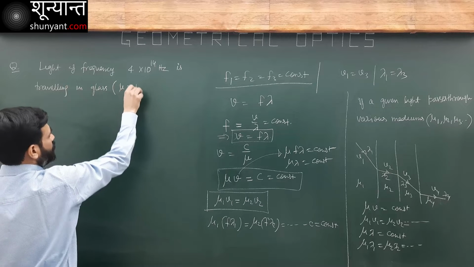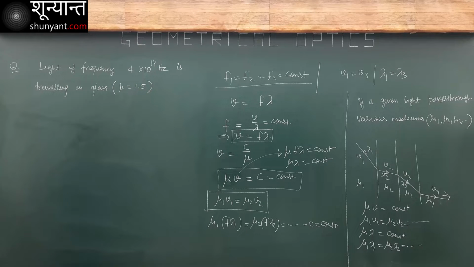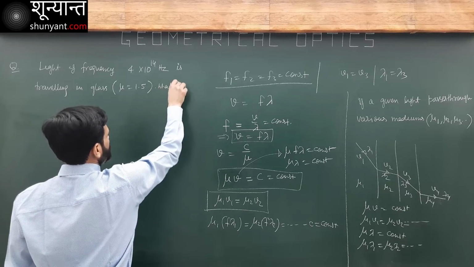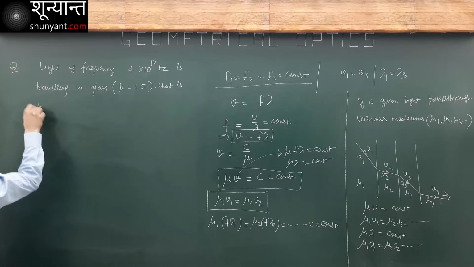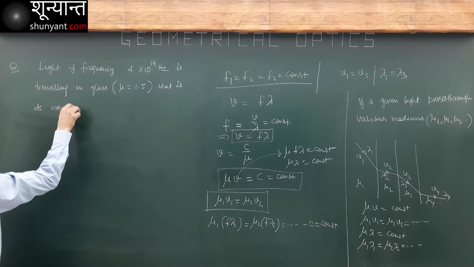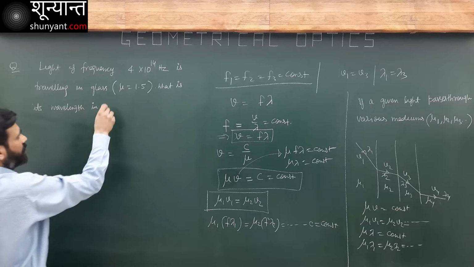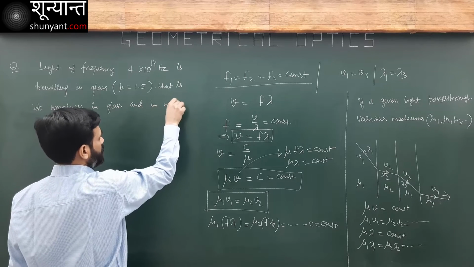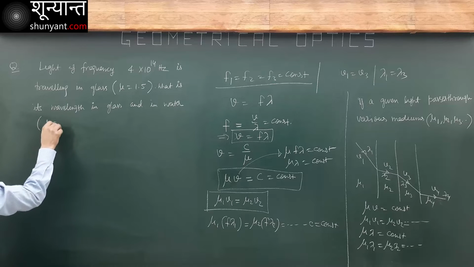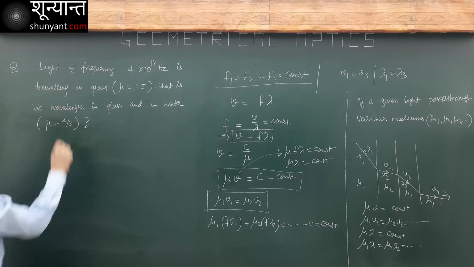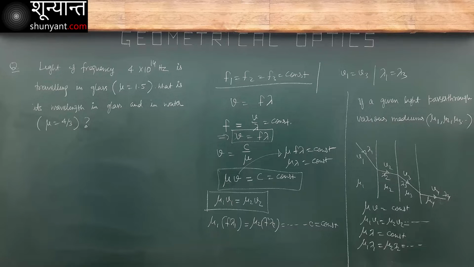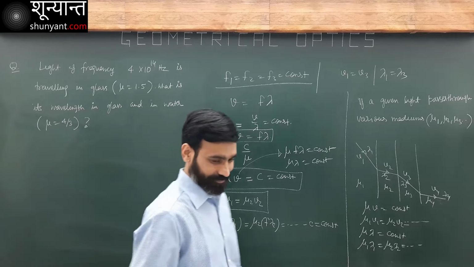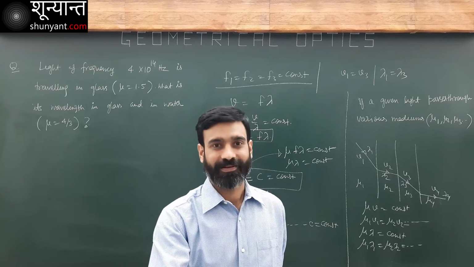In glass, mu is 1.5. What is its wavelength in glass and in water? In water, mu is 4/3. Okay, what do you think? Try to answer this. Can you answer it?